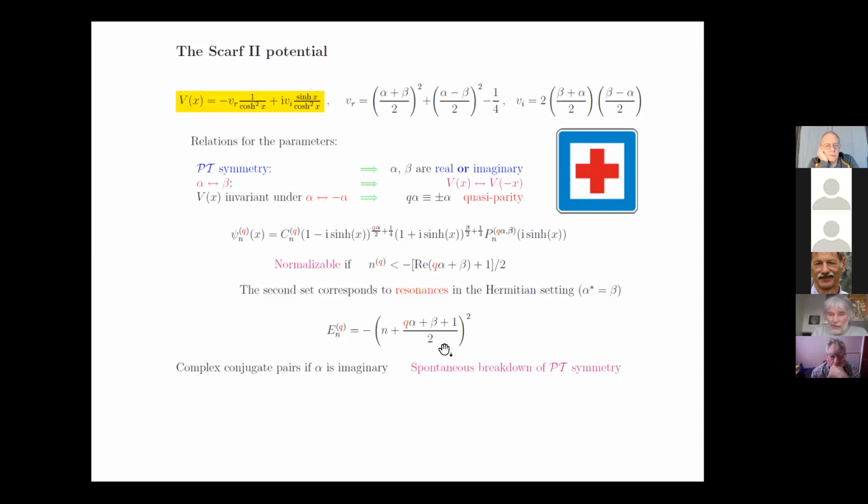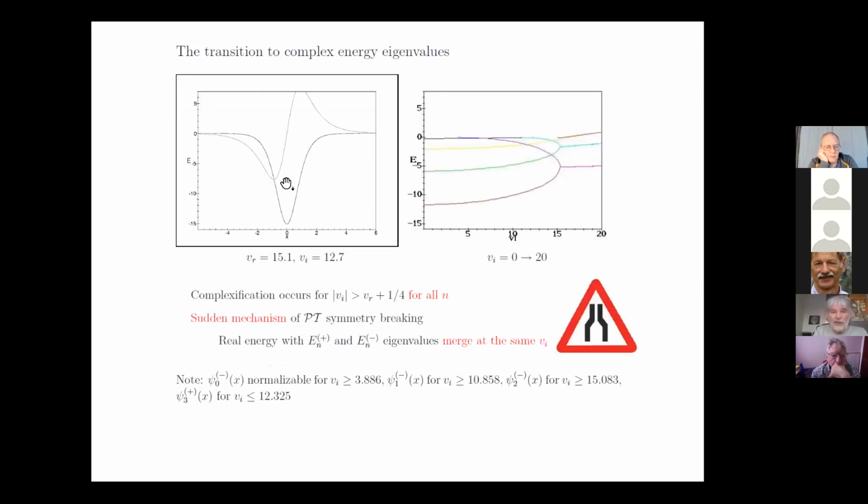And if you look at the spectrum, this is the potential here, and this is the spectrum normalized to it. So if you start with 0 imaginary component, then you have 3 bound states in this case. As you move away from 0, increase non-hermiticity, then one by one new solutions will come in here, for example.